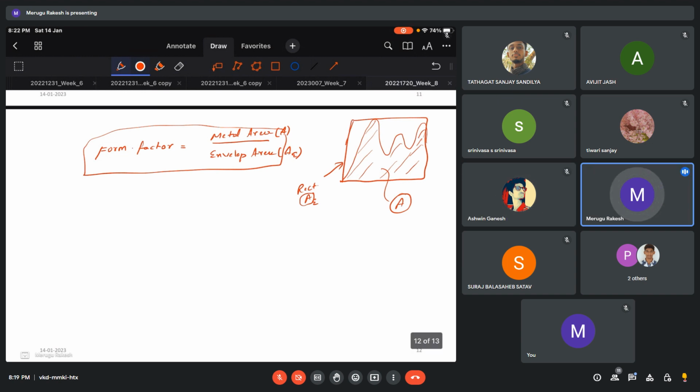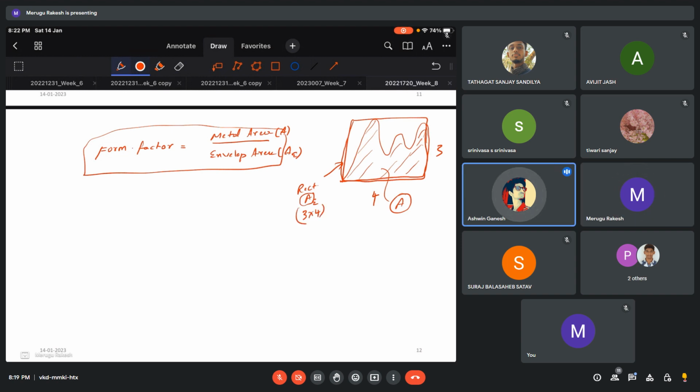Yes, the total area. Suppose if I take 3 by 4, then this envelope area will be 3 into 4. So it will be on the surface. Yes, the total area.